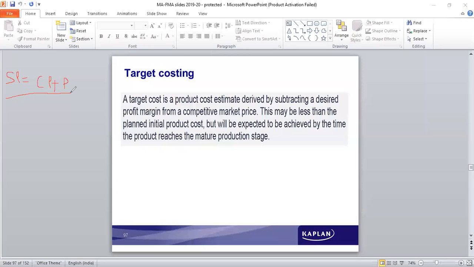But in certain situations, in some types of products and markets, the competition is very severe. Many sellers are present in the market, and they compete against each other. Any seller who has a higher price than the others, the customers start dropping from that seller. They stop buying from that seller.